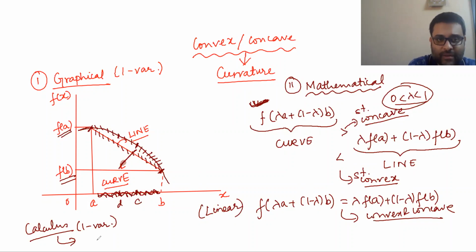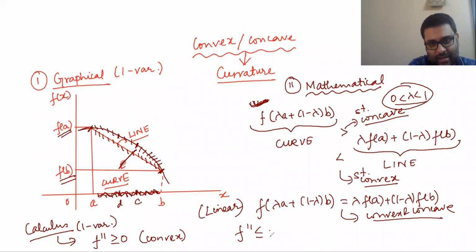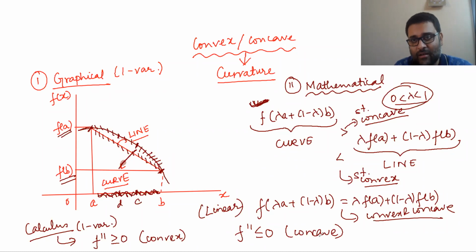So in the calculus one variable case, f double dash greater than or equal to 0 will mean convex, and f double dash less than or equal to 0 will mean concave. This is the calculus definition of convex and concave. F double dash, that is the double derivative of f, greater than or equal to 0 will mean convex.